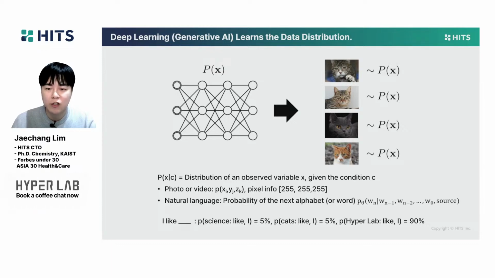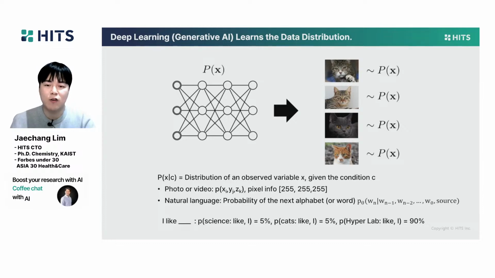Therefore, if a particular cat photo is likely to appear frequently, then the likelihood of generating that image increases, and conversely, a rare cat would be generated with low probability. And by learning such probability distributions from the data, the deep learning network can even generate new cat photos.